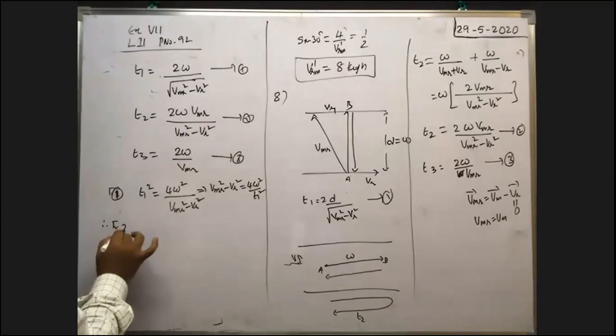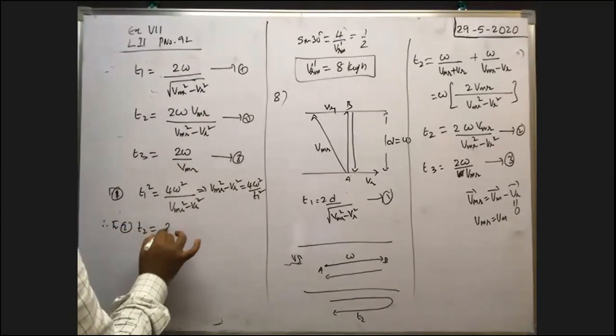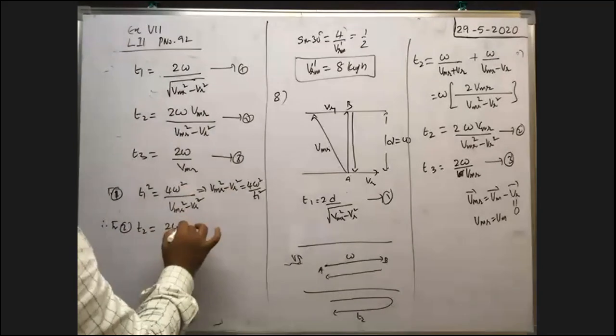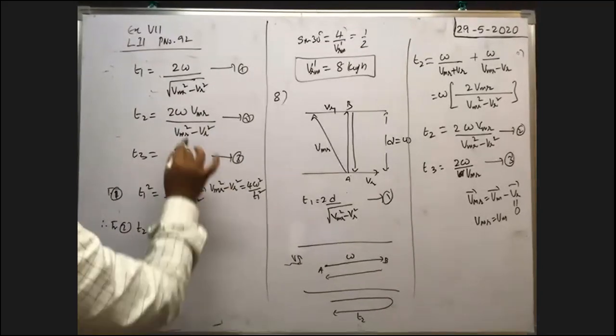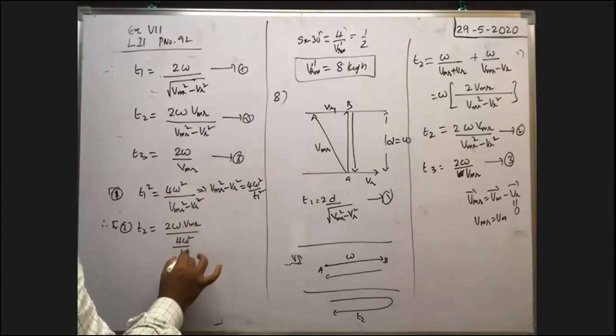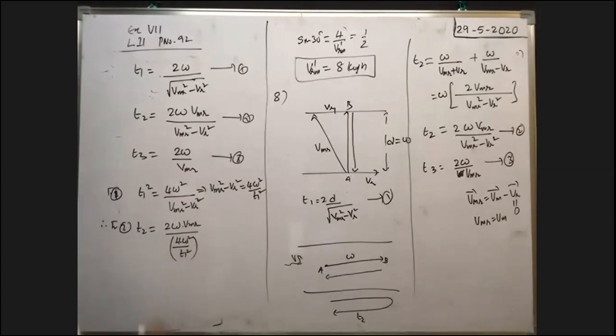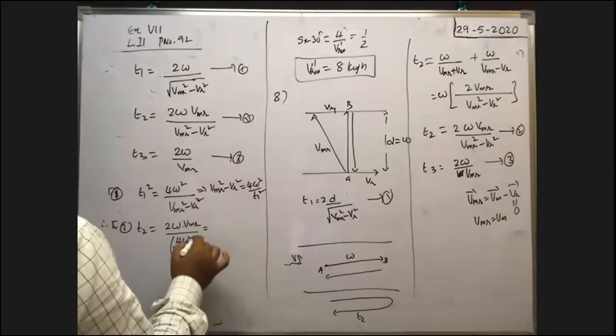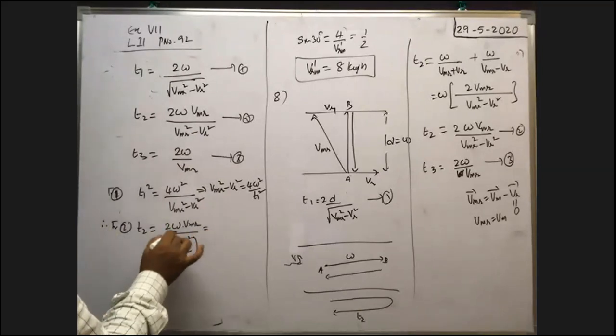Therefore, from 2, T2 is equal to 2ω into VMR by 4ω square by T1 square. Here the ω squares cancel.